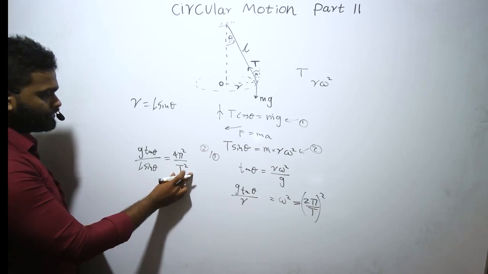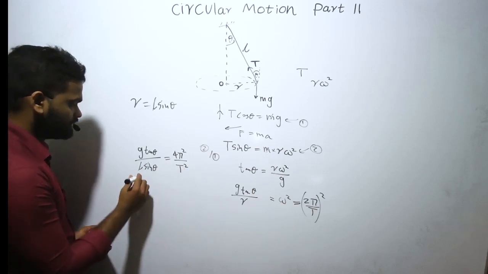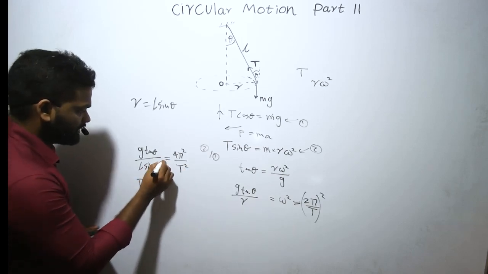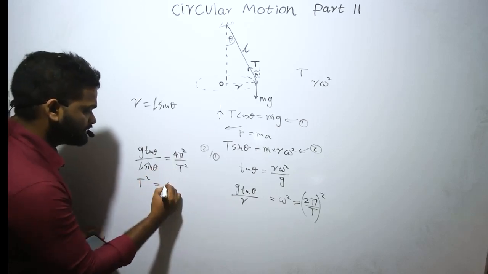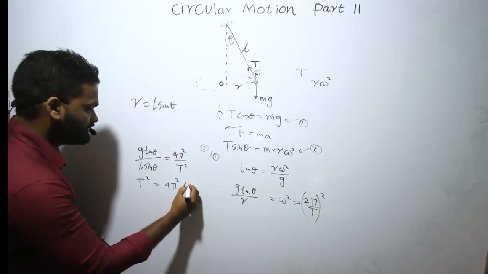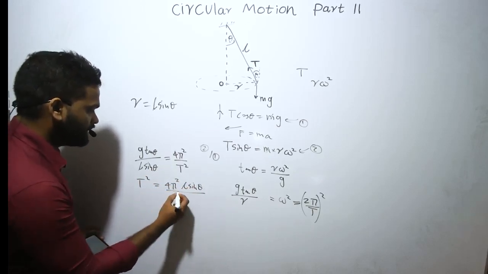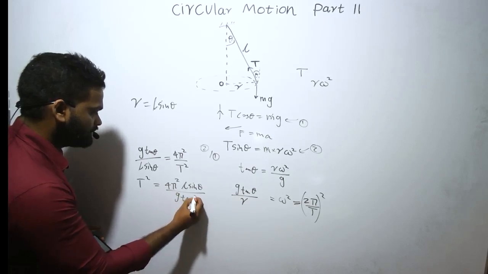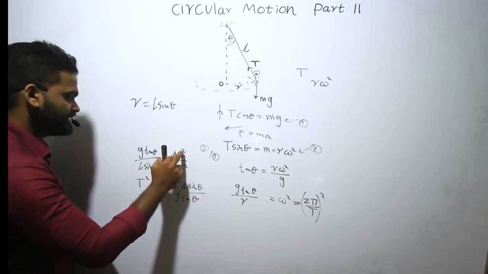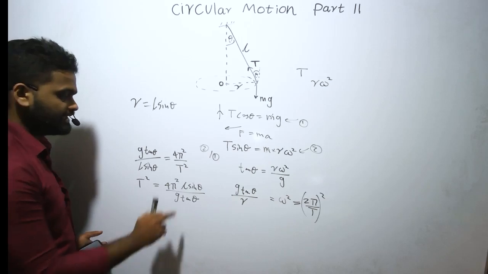So this is equal to 4 pi squared divided by capital T squared. Now I am going to make capital T squared the subject. Just cross multiply, put all the terms to the other side. 4 pi squared L sine theta divided by g tan theta is equal to T squared.